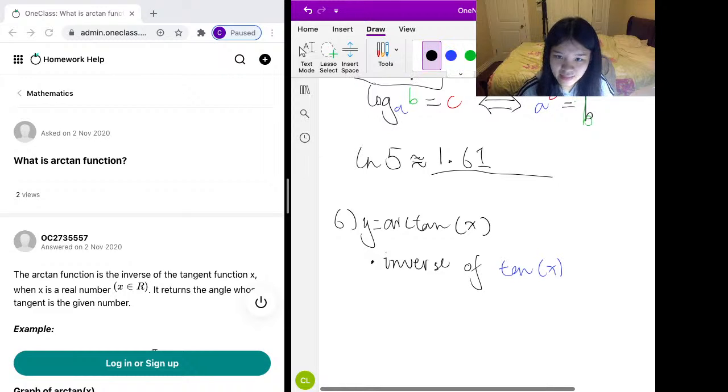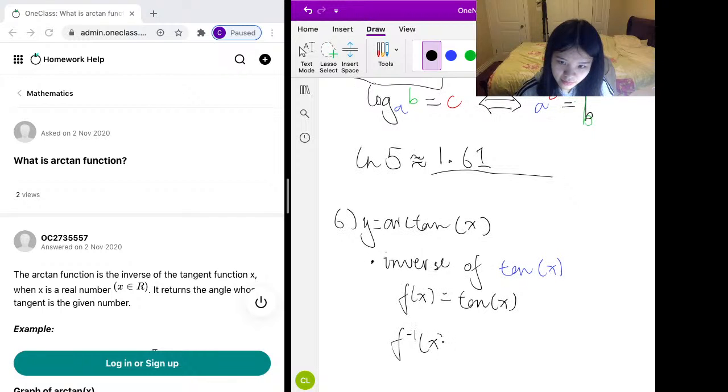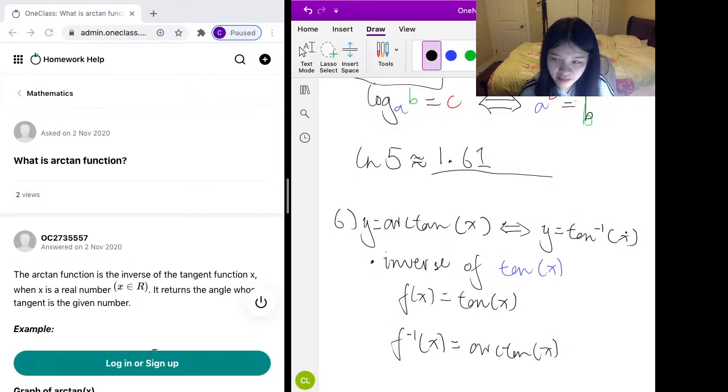That means that if f of x equals tan x, then the inverse f of x is equal to arctan x. Although it's written as arctan x, it can also be written as tan to the power of -1 of x, meaning the inverse function.